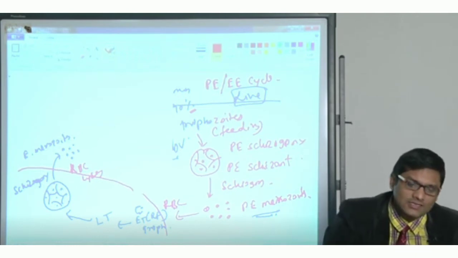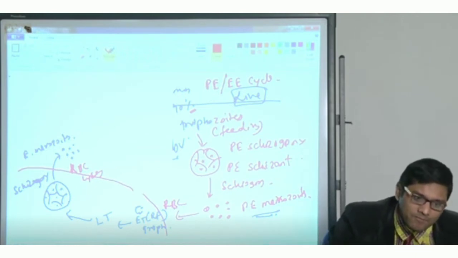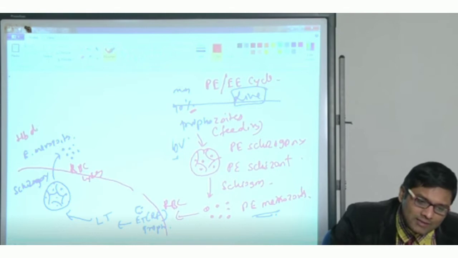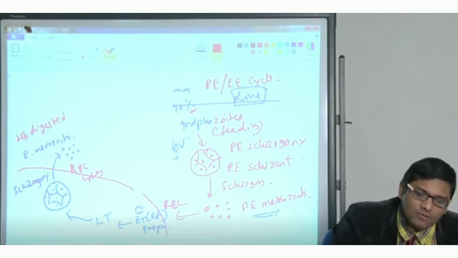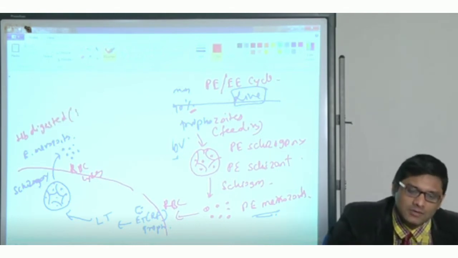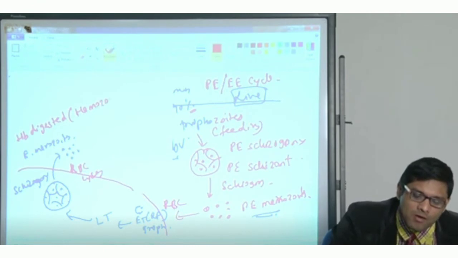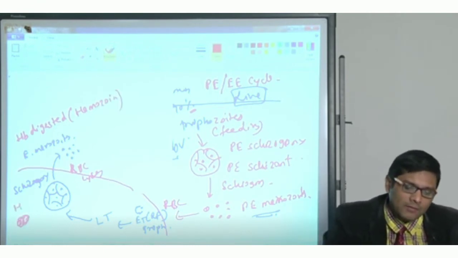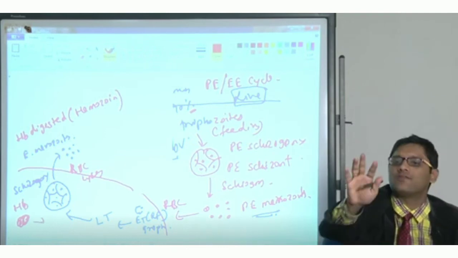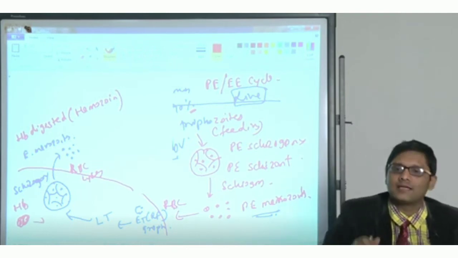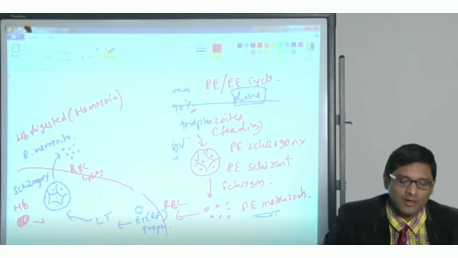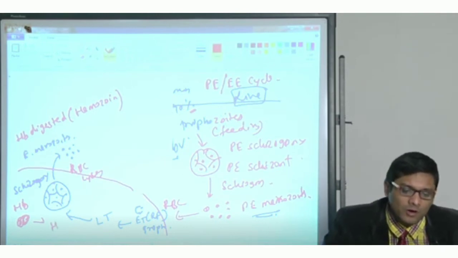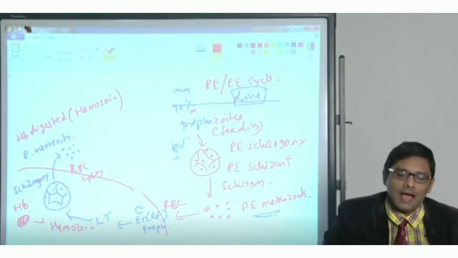When they are released, along with that, the hemoglobin digested byproducts also will be released, which are called hemozoin. You know that inside the RBC hemoglobin is there, and hemoglobin is the nutrition for the parasite. Malaria parasites feed on hemoglobin and degrade it to produce byproducts called hemozoin pigment.